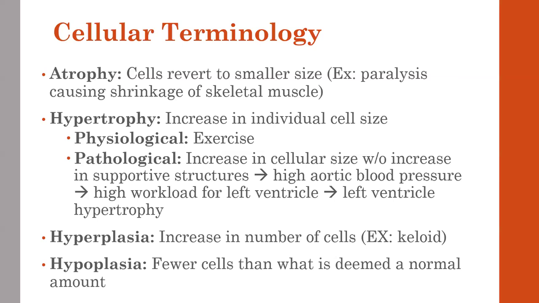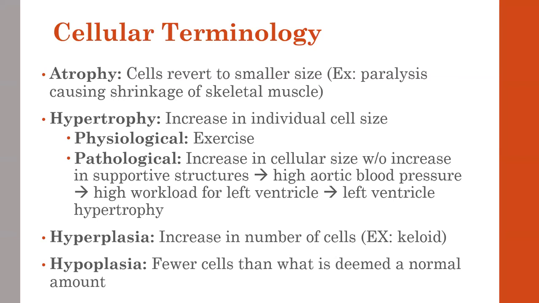For instance, we talked about left ventricular hypertrophy. That's where your left ventricle gets larger as a result of hypertension. That would be an example of something that's pathological, and that would not be something that you would want. Hyperplasia is an increased number of cells.